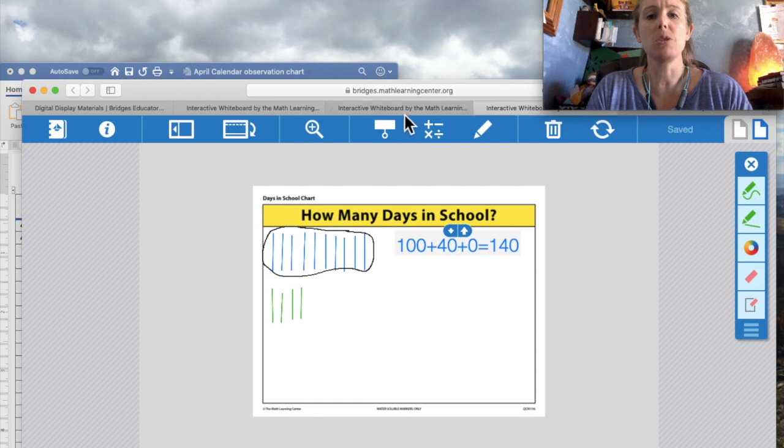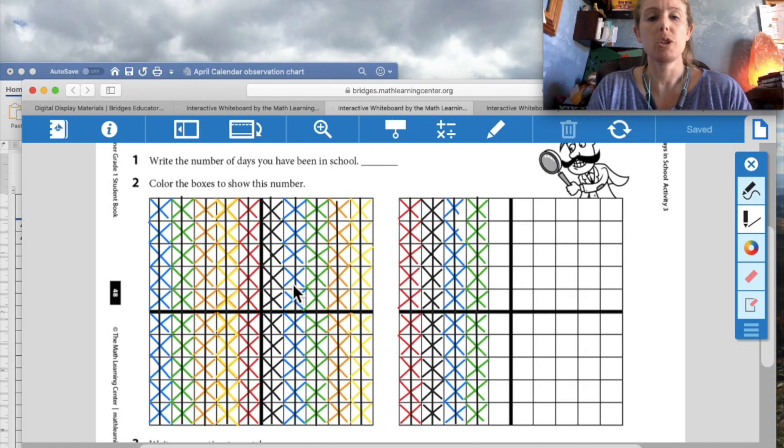Now, let's think of a subtraction problem. Let's go back to our chart, our 100s chart here, and we filled up a 100, and we've almost filled up half of this other one. So let's think. Half would be 50.